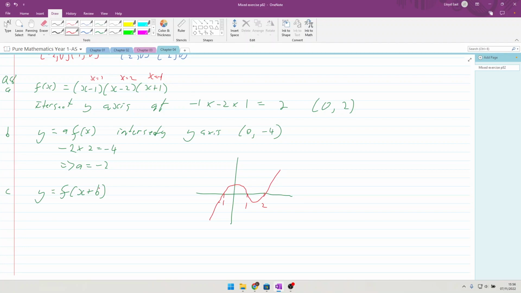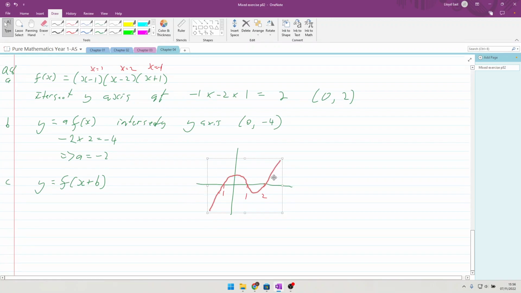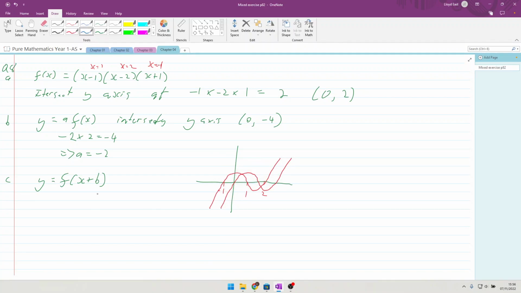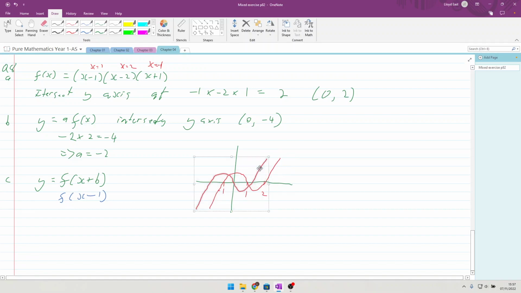Now they tell us that this f of x plus b passes through the origin, which means we could have, let's just take the actual graph itself. That means we could have the graph here. So f of x is moved to the right, so that's a minus number, minus 1. We could have the graph coming from its original place. Which one's the original one? This one. And moving this way, a space of 1.